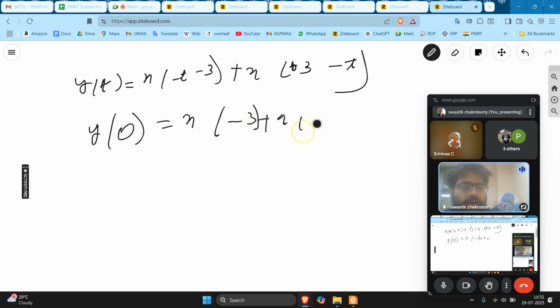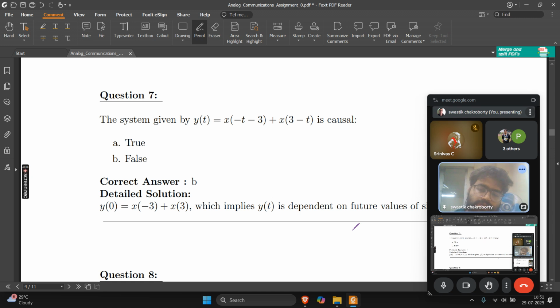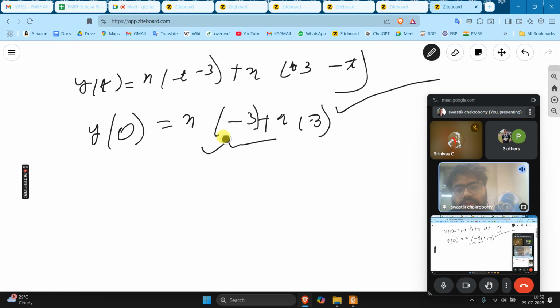Rather, I am saying the opposite. For y0, x of minus 3 is past and fine, but x of 3 is future.